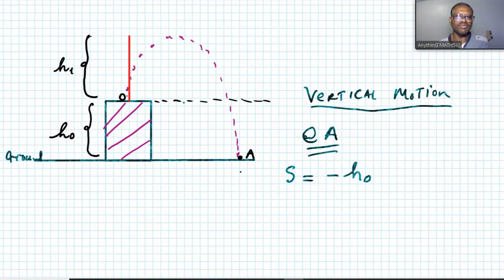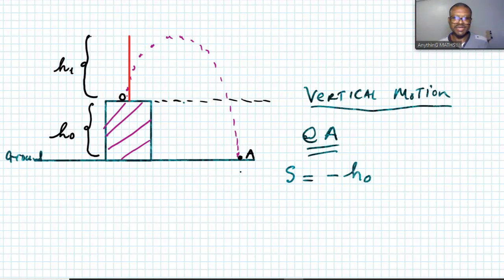Maybe you will be saying, why is it negative h0? Because we stand at point O, anything above O is viewed as positive, and anything below O is viewed as negative.